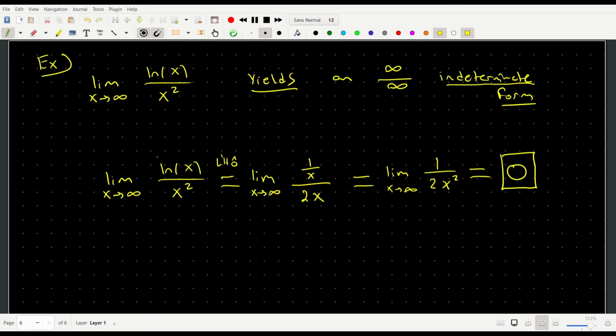When you basically have that the numerator function is going to infinity and the denominator function is going to infinity. If their limit is going to 0, or really any finite value, you can say in some sense that the denominator function is growing at a faster rate than the numerator function. So the limit actually has a geometric meaning and a physical meaning in terms of the output of these functions.